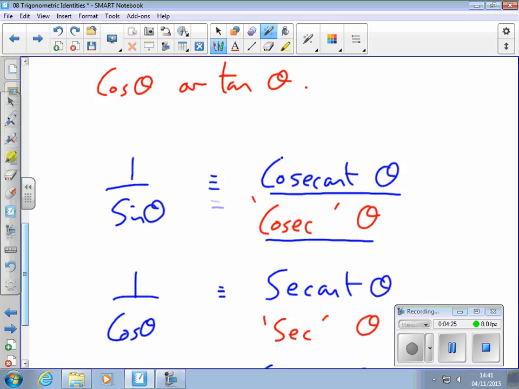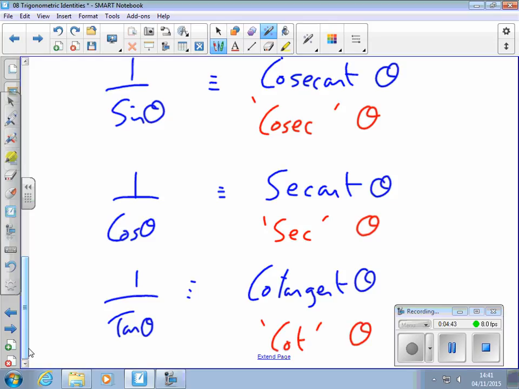You may or may not have seen that word before. All it means is 1 over sine theta, and it's called cosec theta. So that's the first identity that we can write down. And then we have two more words, one for 1 over cos, secant, or sec theta, means 1 over the cosine of theta. And finally, 1 over the tangent of theta is cotangent of theta, or cot theta.